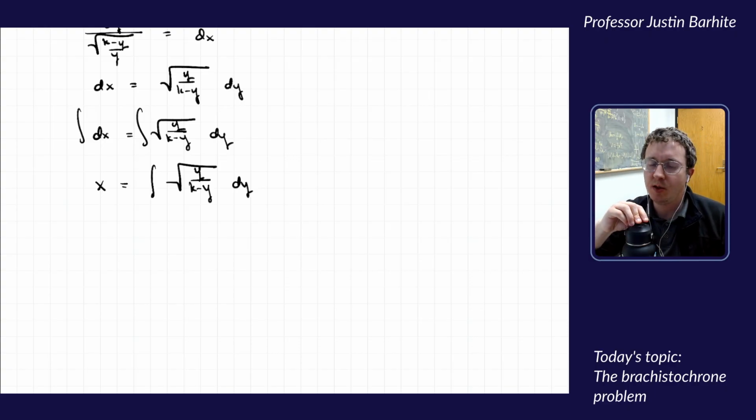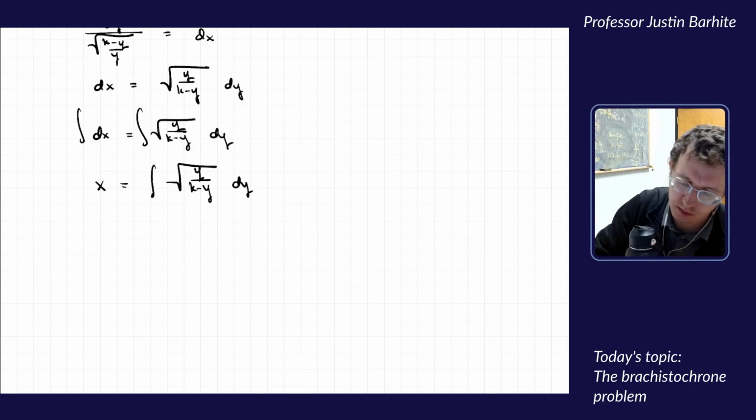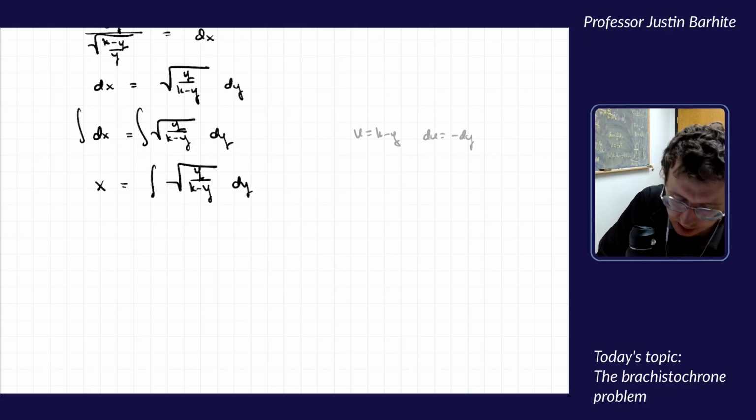I don't see a u sub here that's going to do this easily. Try u equals k minus y. I don't think this is going to help too much, but I'm just curious to see what this does. You should never be afraid to just try something.